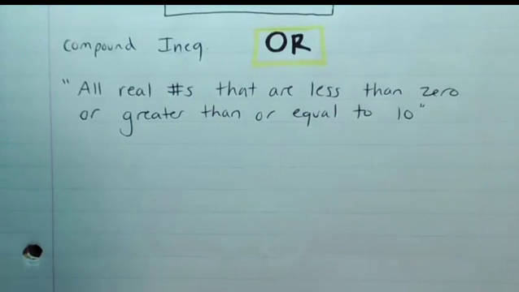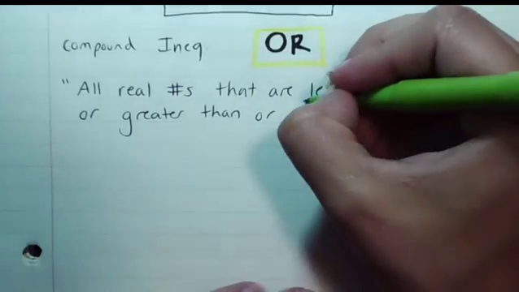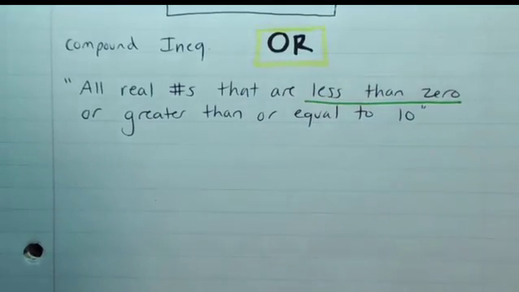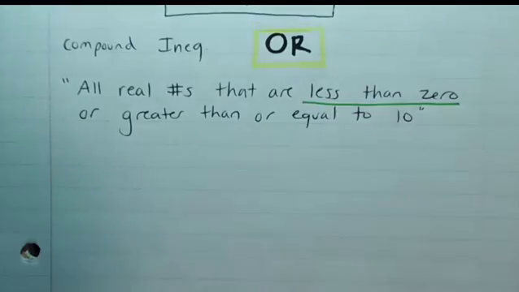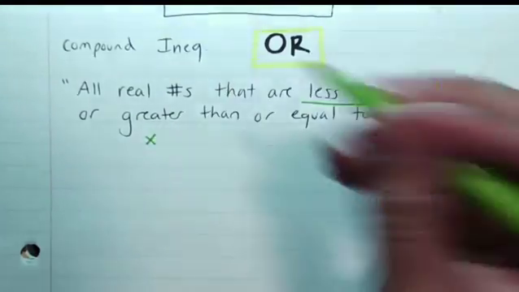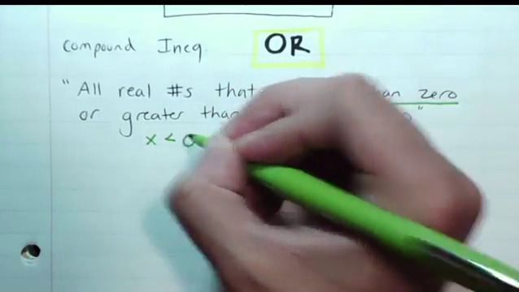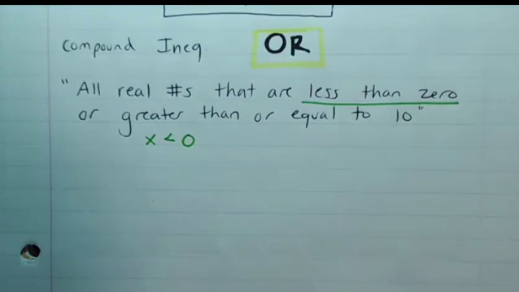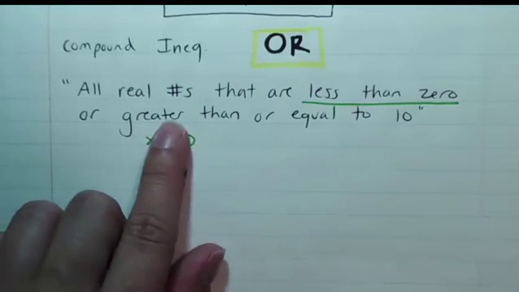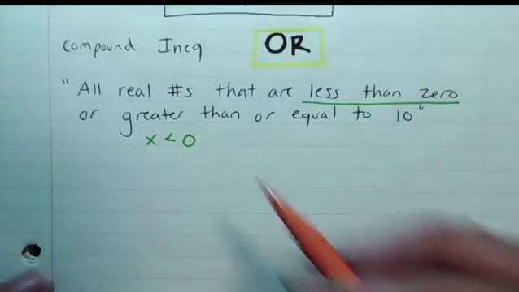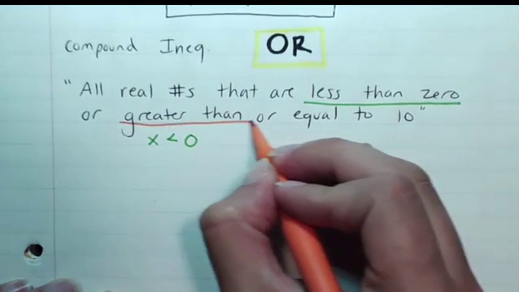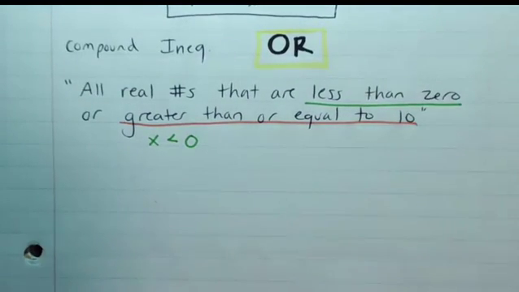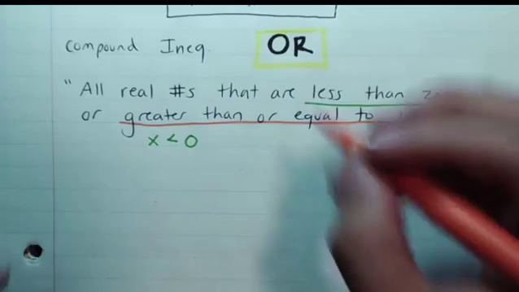So what I noticed first, let's pick out one of them that we know. All real numbers that are less than 0. So if I write an inequality that represents this, I have x has to be less than 0. Then it has or greater than or equal to 10.